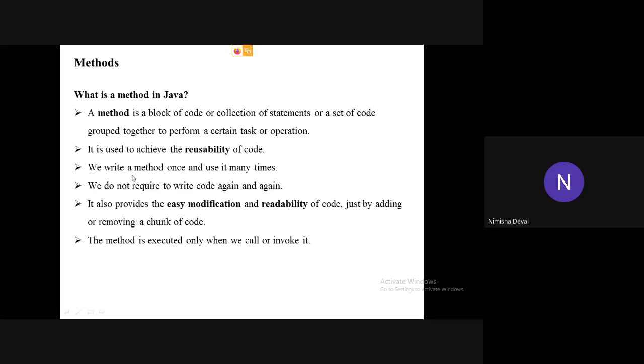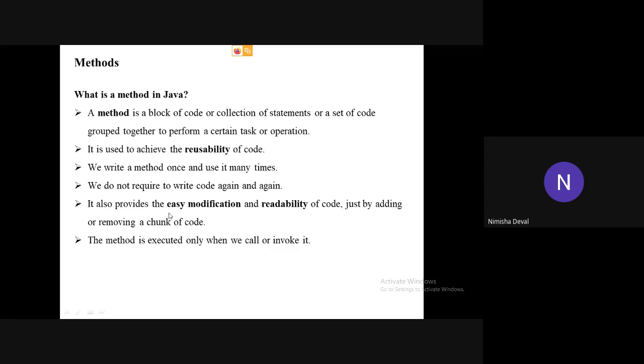We write a method once and use it many times, as I have told earlier. Whenever we create a method, there is no necessity to create it again and again. We can access this code multiple times in our program. We do not require writing code again and again.